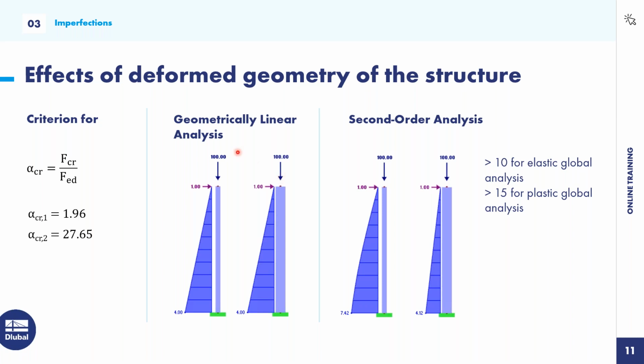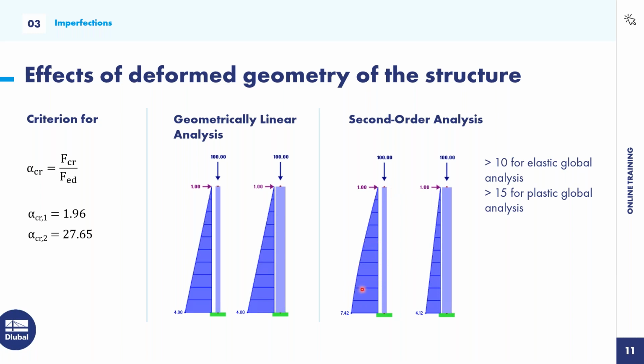So let's take a look. When I perform here a geometrical linear analysis, it makes no difference if I have here a slender column or really thick column. The results are, according to a first order analysis, the same. But when I perform a second order analysis and I have here a very thin column and on the right side a very large column, then it makes a difference, because the slender column receives significantly more bending moment at the base point, since the head deformation is also much more.